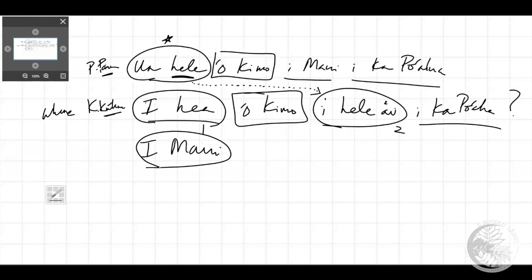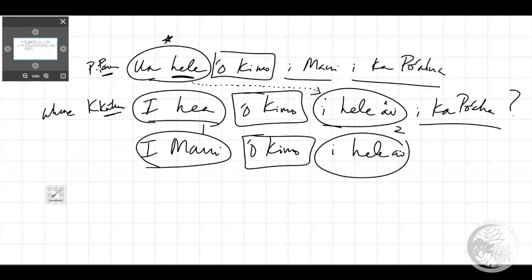The big thing about it's to Maui, Kimo went, iheliai. Sorry, or poalua. Sorry about that.